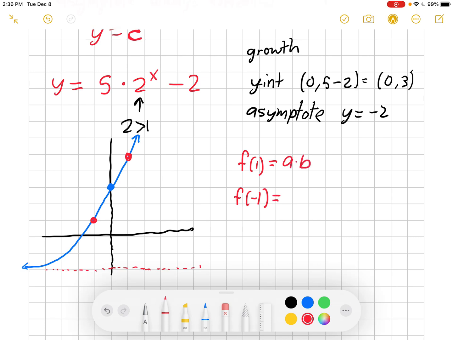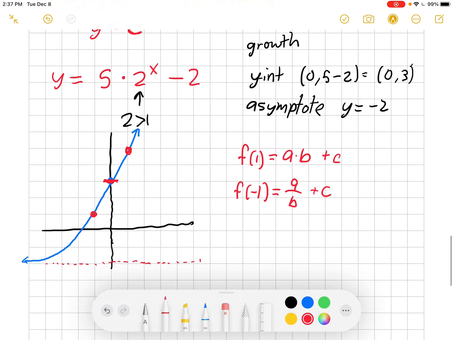F of -1 is always going to be a divided by b. To be clear, that isn't necessarily going to stay, that's relative to what our starting point is. If you wanted to be complete about it, you would have to add the c to both of them, just to make sure that it's all the way complete. But I kind of like to think about just the first part, and I'll explain why.